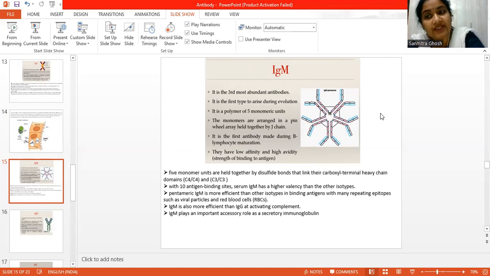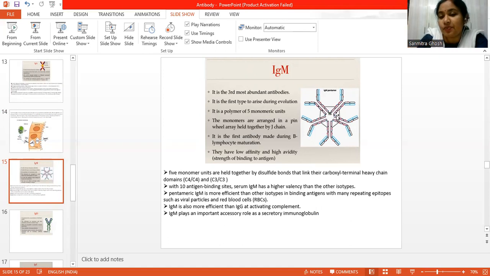Later on, when the B cell becomes converted to the plasma cell, then the secreted versions that we are getting, they are IgG. But evolutionarily, they are the first type of antibodies which are produced, and that is IgM.